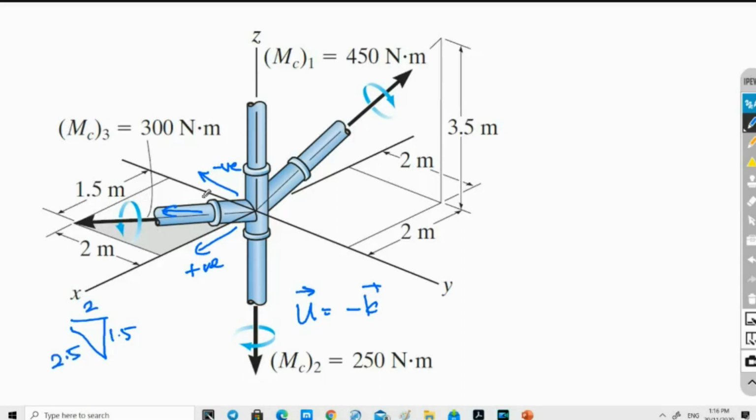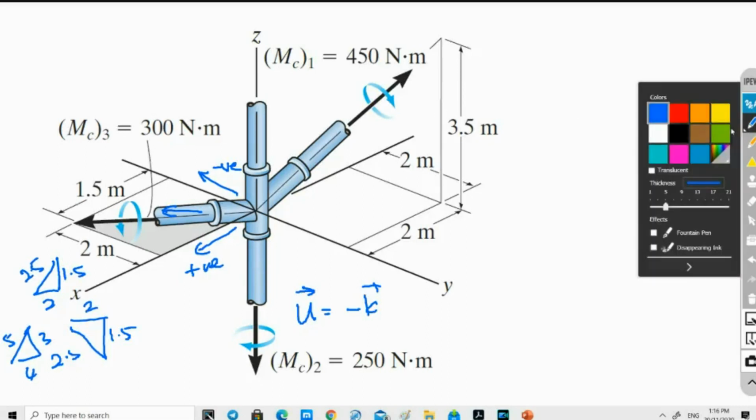It will become something like this, or it's just the same ratio as 3, 4, 5.